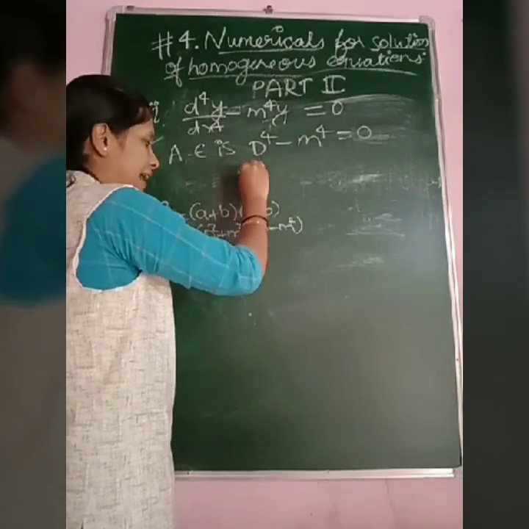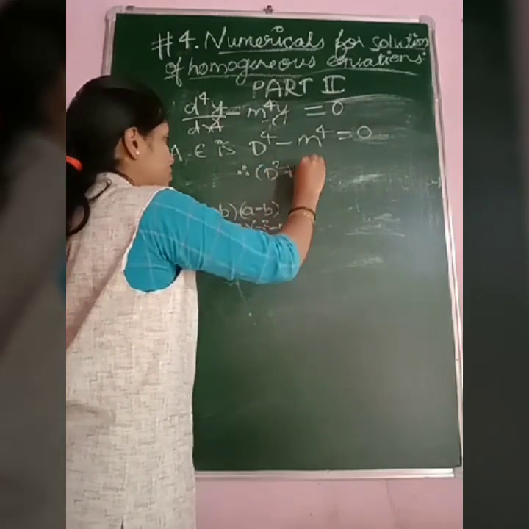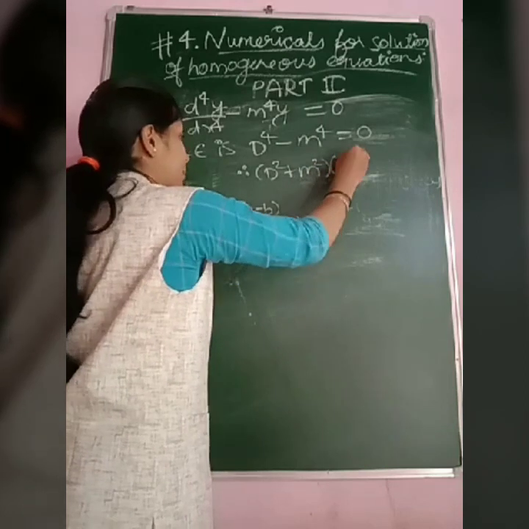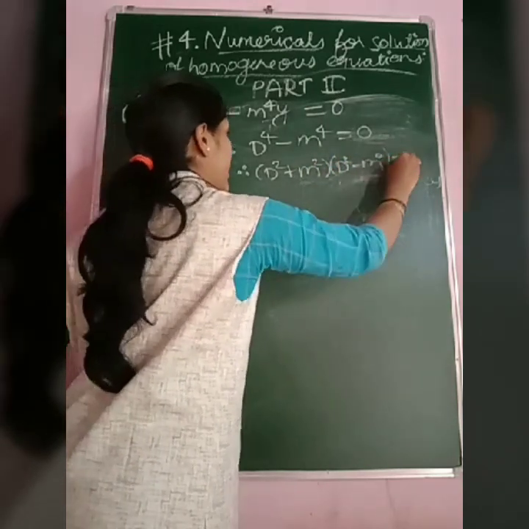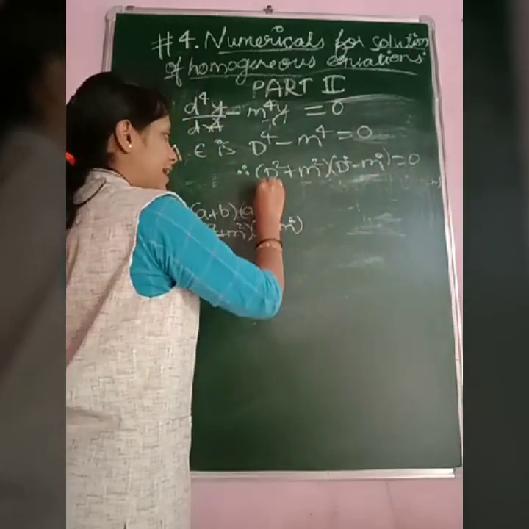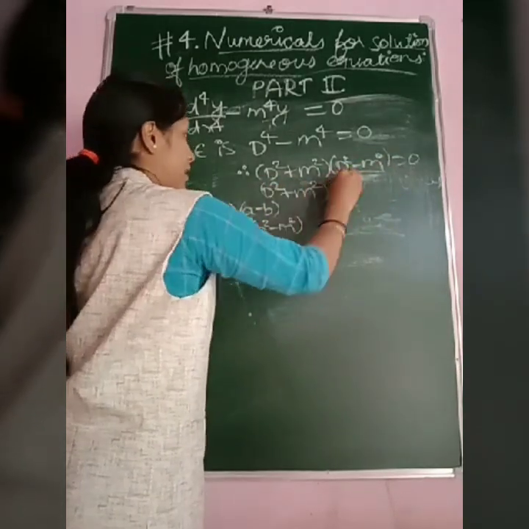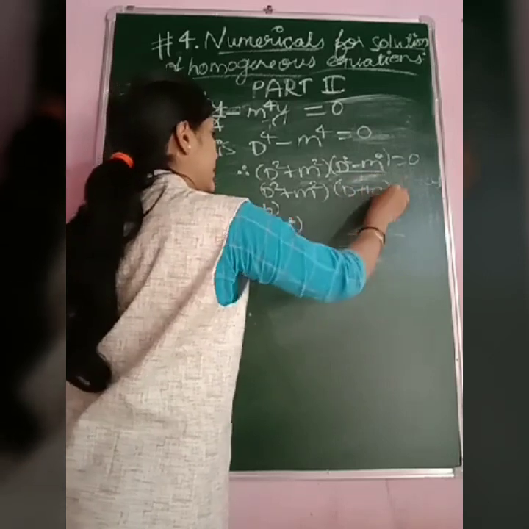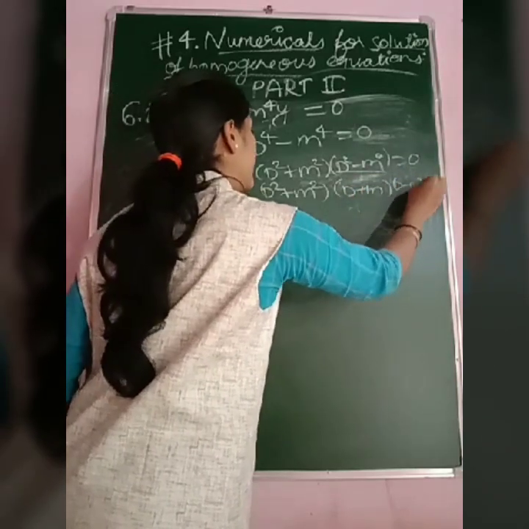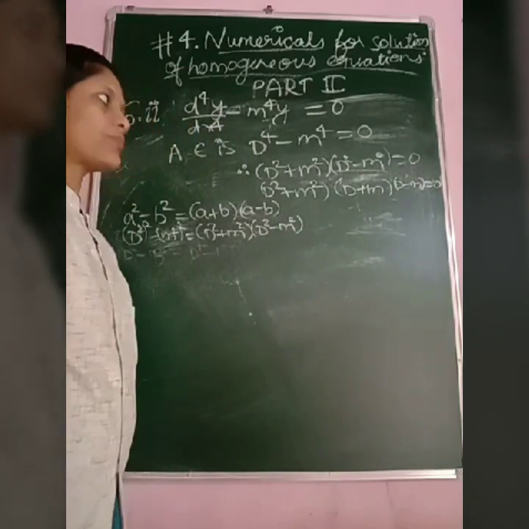So we get (D squared plus m squared)(D plus m)(D minus m) equal to 0.